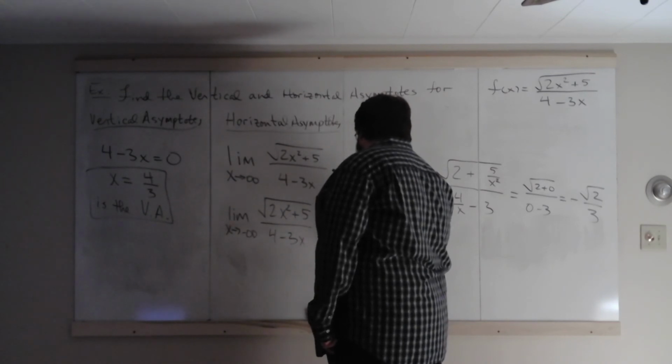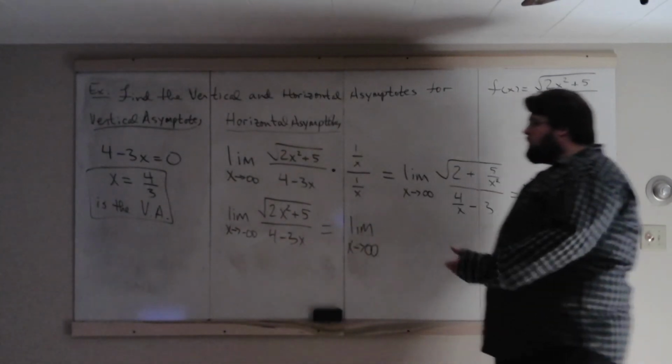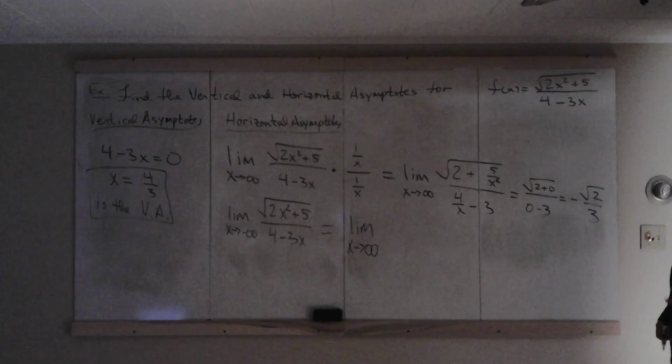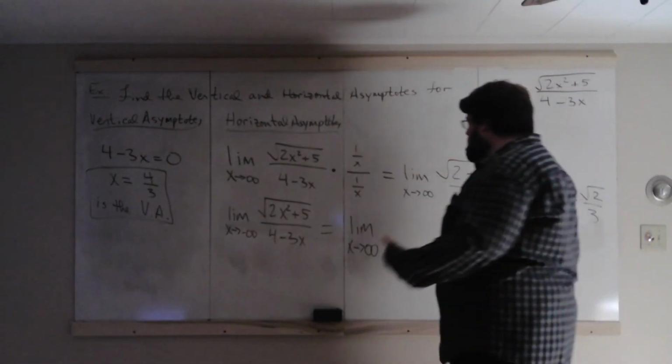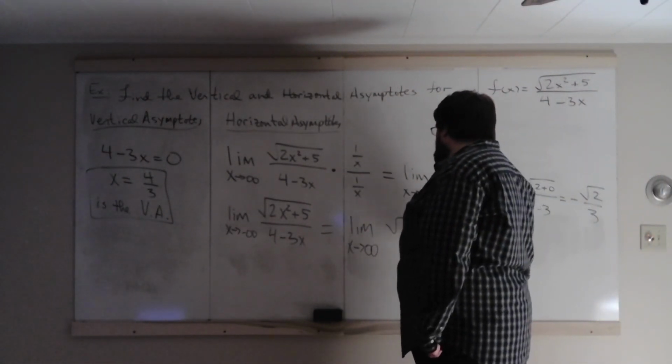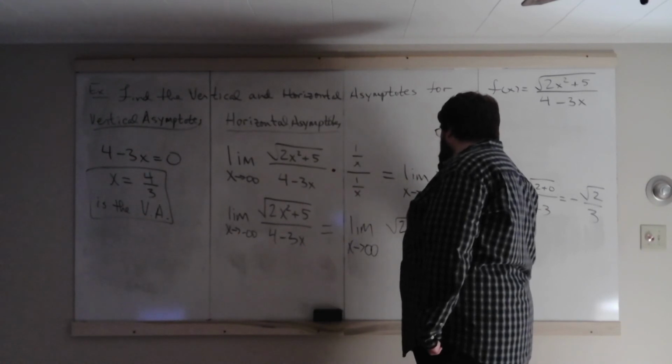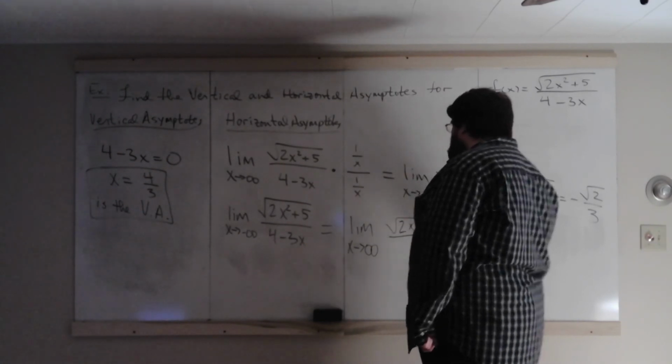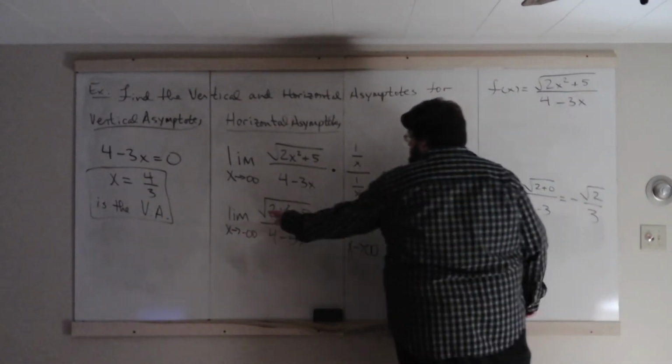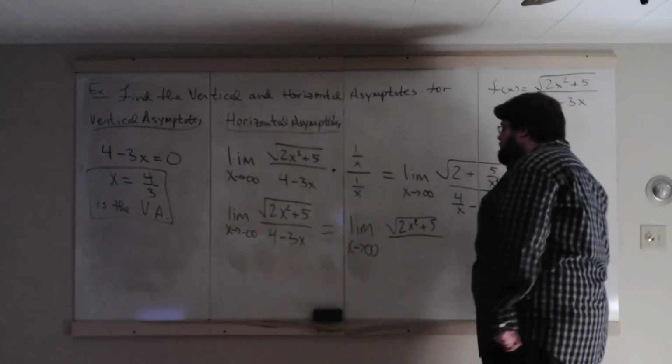So what we'll do is turn it into a limit as x goes to positive infinity, by replacing all x's with negative x's. Notice here, what's under the square root stays the same, because negative x squared again is x squared.